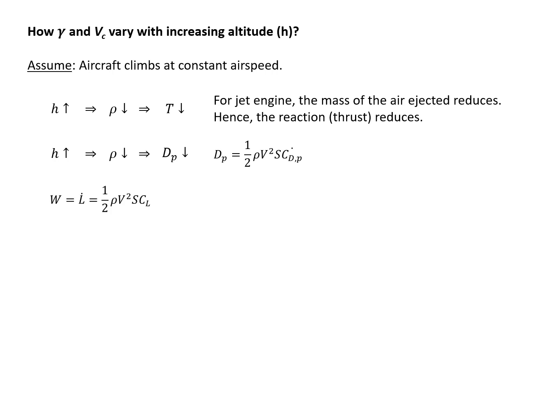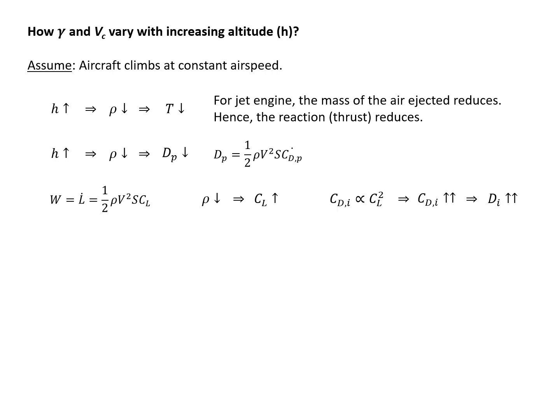And let's look further at the other component, Di, the induced drag. We assume climb at a small angle, so lift can be approximated by W, and then W is half rho V squared times S times CL. Because the density is reduced and V and S are constants, and the mass doesn't change, CL will increase.